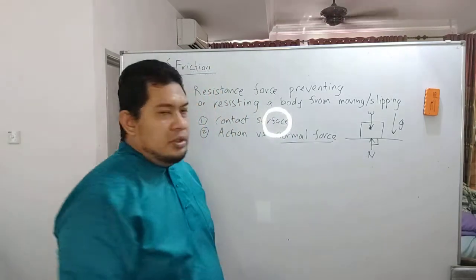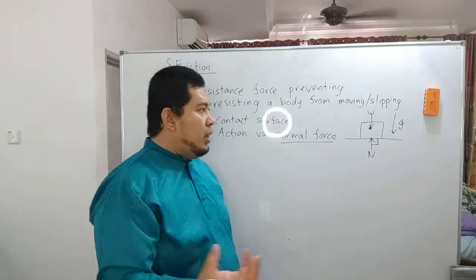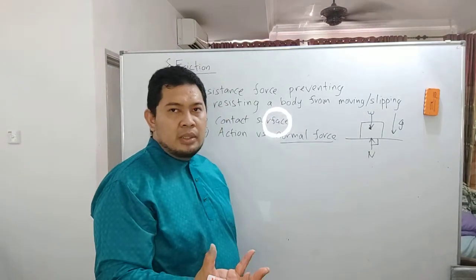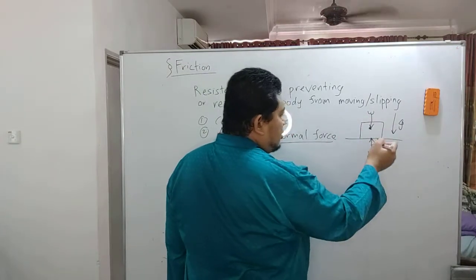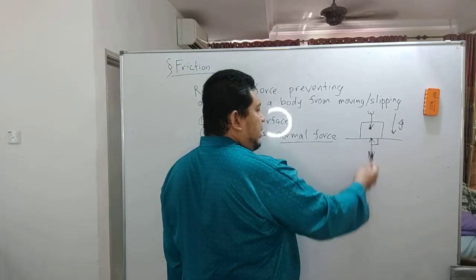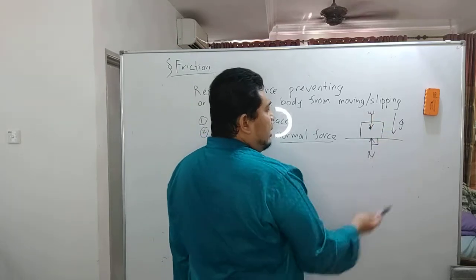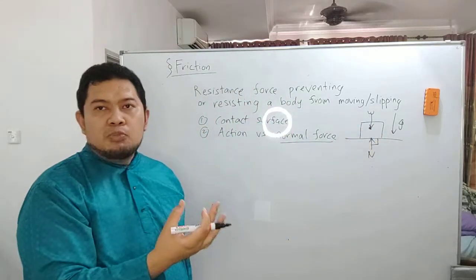Okay, so the reason this normal force is very important is that whenever you have a heavy weight on this box, the reaction force must be much larger, and the resistance for this body to move becomes much bigger.